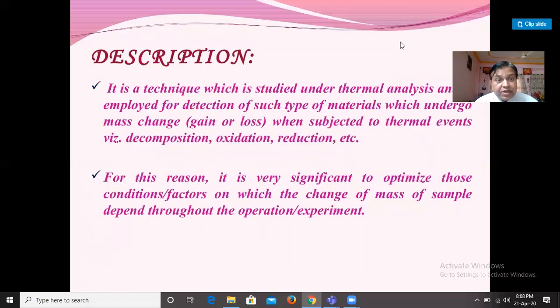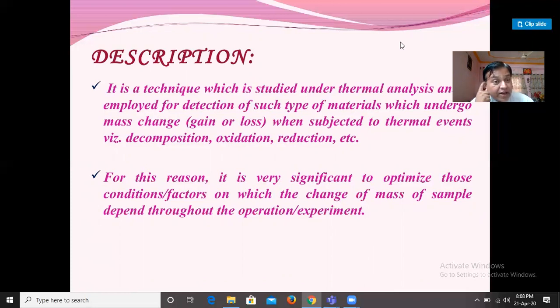Now description. It is a technique which is studied under thermal analysis and employed for the detection of the type of material which undergoes mass changes, gain or loss, when subjected to a thermal event, that is decomposition, oxidation or reduction.